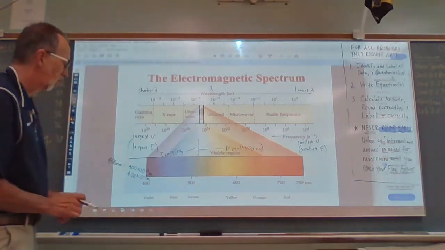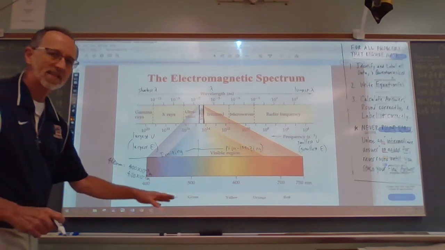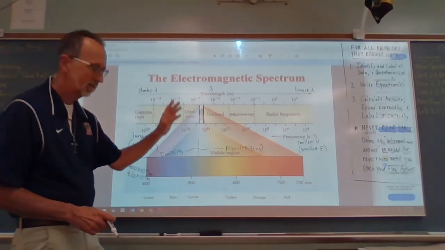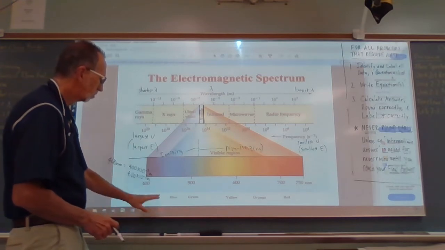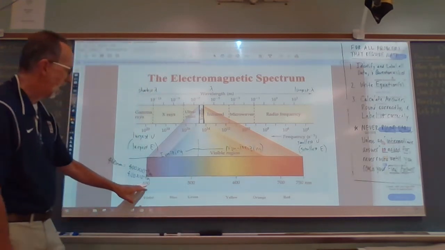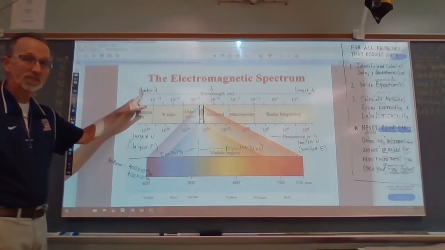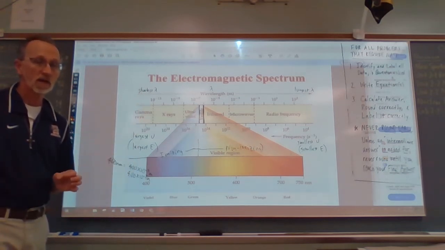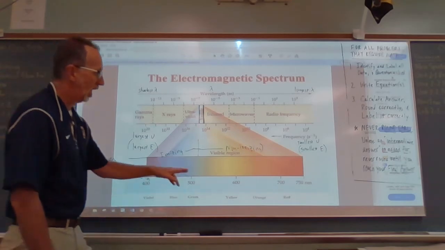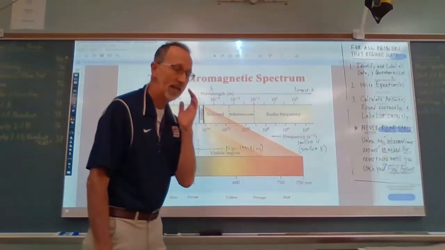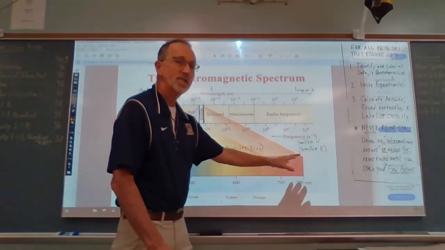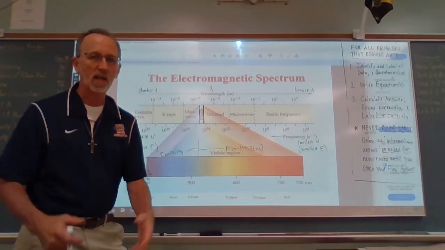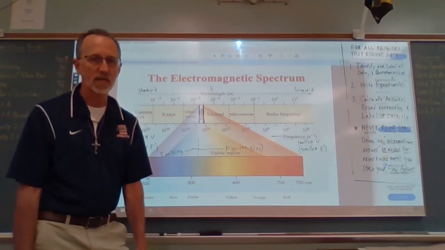But anyway, I want you to see that the visible spectrum lays out just the way the rest of the EMR does. As you go from violet to red, violet is the shortest wavelength of the visible spectrum, which means it has the largest energy of the colors of light. Red, having the longest wavelength, again, has the smallest frequency and thus the smallest amount of energy associated with it.